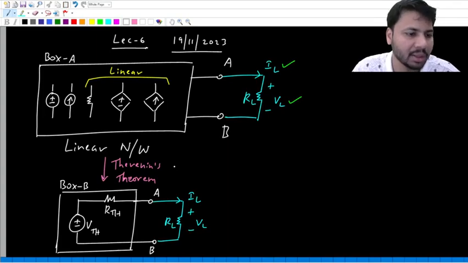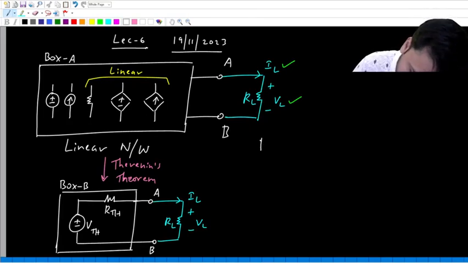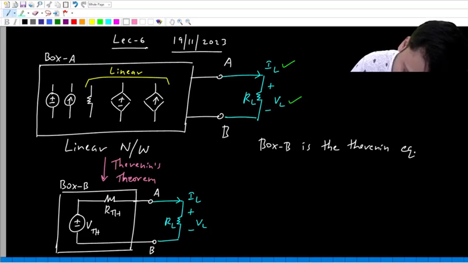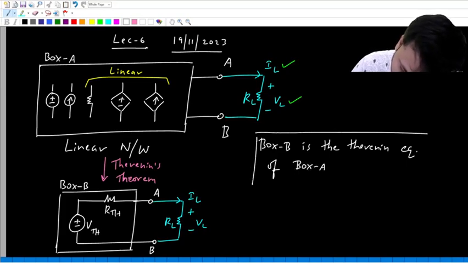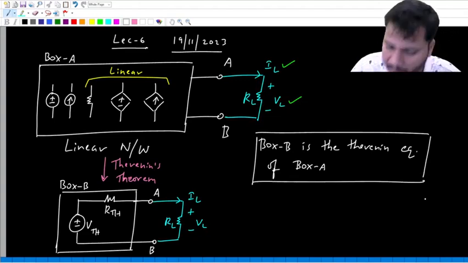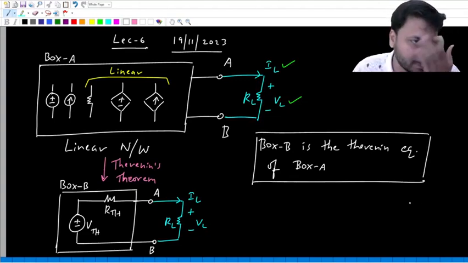Box B is the Thevenin equivalent of Box A.